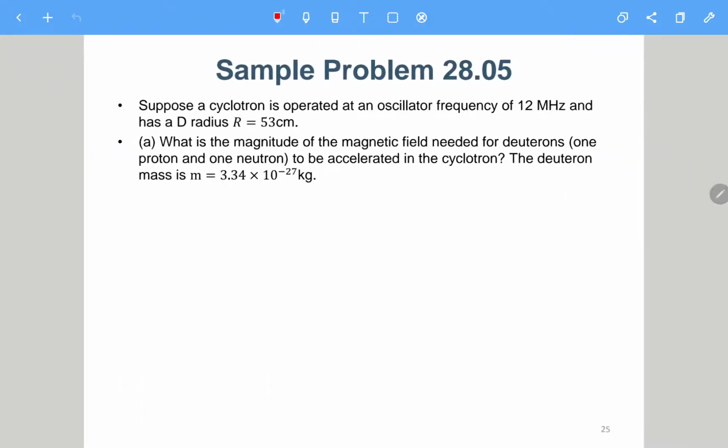Okay, so let's see an example about the cyclotron. So suppose a cyclotron is operated at an oscillating frequency of 12 MHz and has a D radius R equal to 53 centimeters, which is not so large.